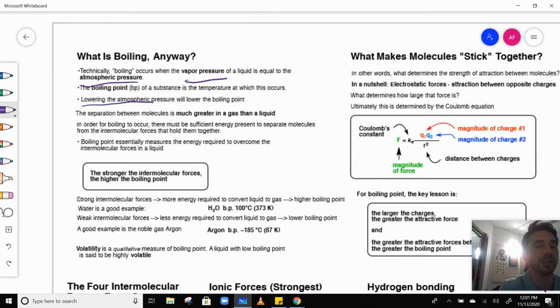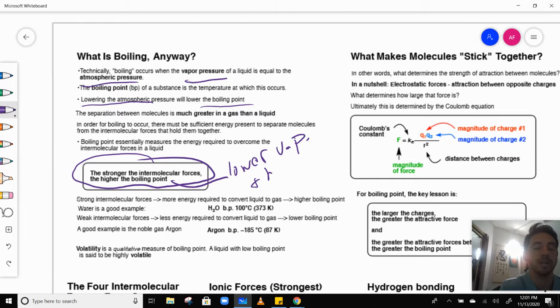Now, if you lower the atmospheric pressure, you lower the boiling point. Okay. Stronger molecular forces, higher the boiling point, lower vapor pressure, and higher melting point. Just remember all those things.